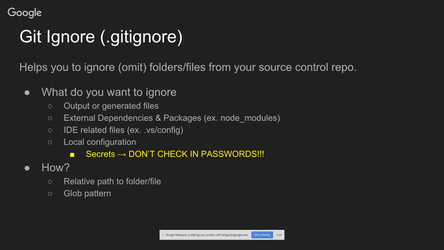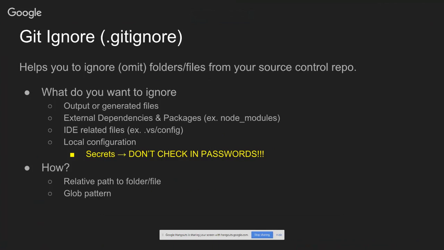Is the .gitignore file created automatically? I don't know. A lot of IDEs and tools will create it for you automatically, but I don't know if just running git init is going to create it. If it does create it, it's going to be more or less bare bones.